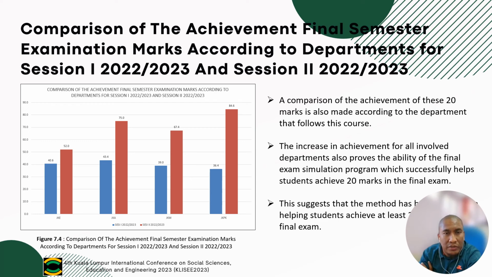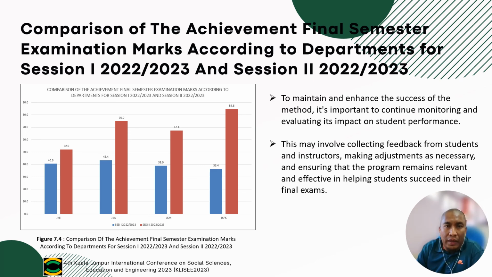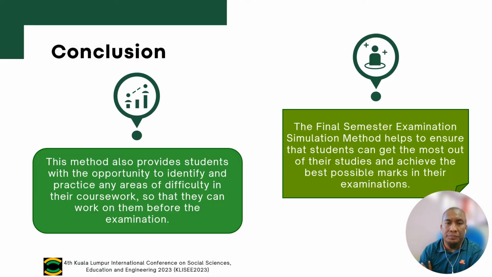This suggests that the method has been effective in helping students achieve at least 20 marks. To maintain and enhance the success of the method, it's important to continue monitoring and evaluating its impact on student performance. This may involve collecting feedback from students and instructors, making adjustments as necessary, and ensuring that the program remains relevant and effective in helping students succeed in their final exam.